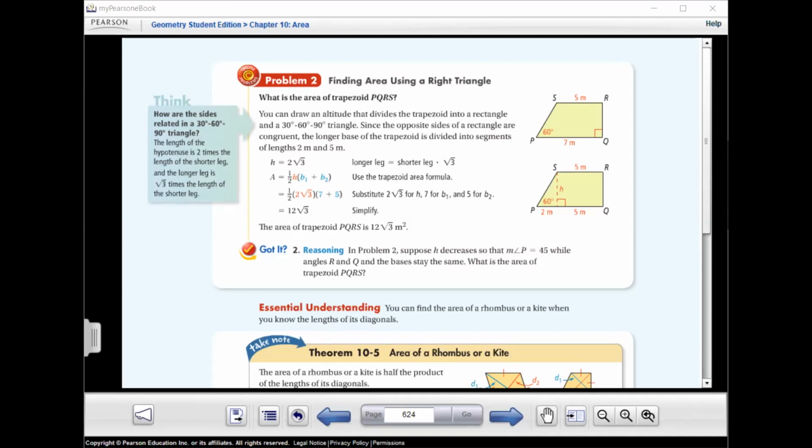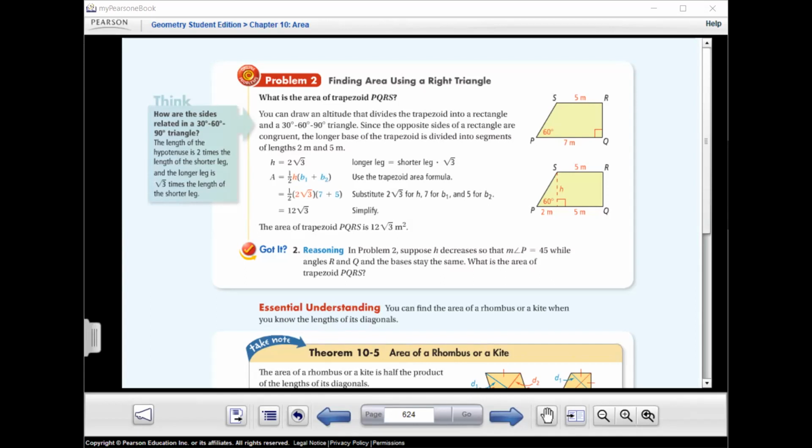Sorry. So here for this trapezoid, I told you if you want to find the area of the trapezoid, we need the length of the first base and the second base. So I need the length of the two bases, and then the height of the altitude between them.